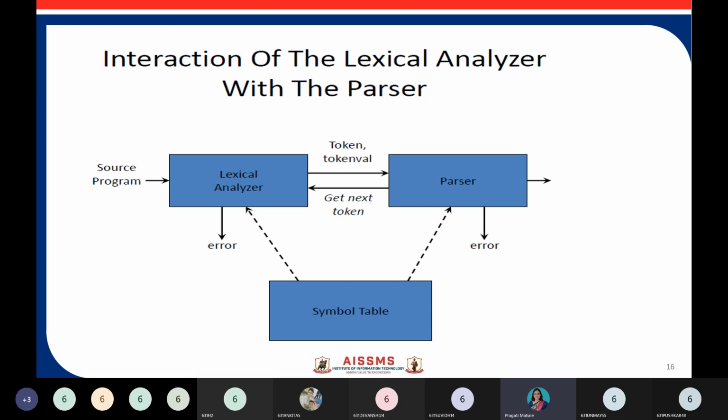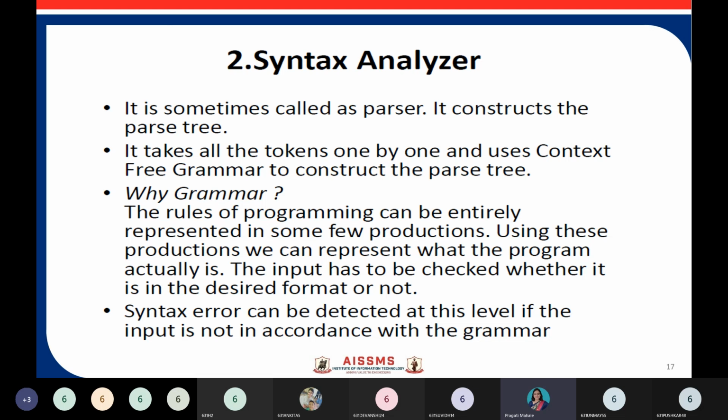When the parser wants the next token, it will ask the lexical analyzer, and then it will read the next line and send the tokens. Meanwhile, all the phases are using the symbol table, because tokens are stored in the symbol table, right? So I hope this lexical analyzer phase is very much clear to you.